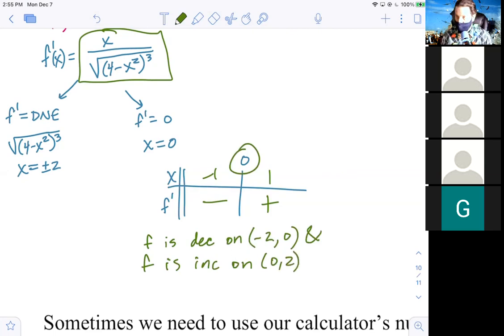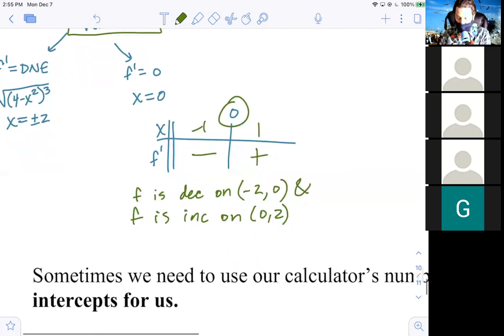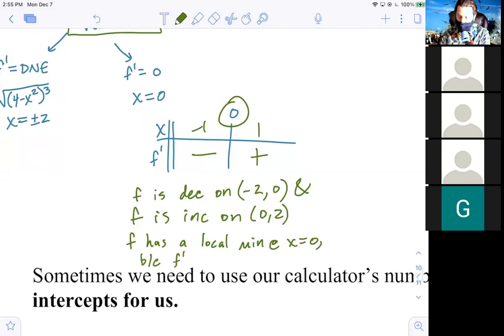You can't always go to -infinity. Well, I'll be a monkey's uncle. Look at this. f also has a local minimum at x equals 0, because f prime changes from negative to positive, not in France, but also at the same place.